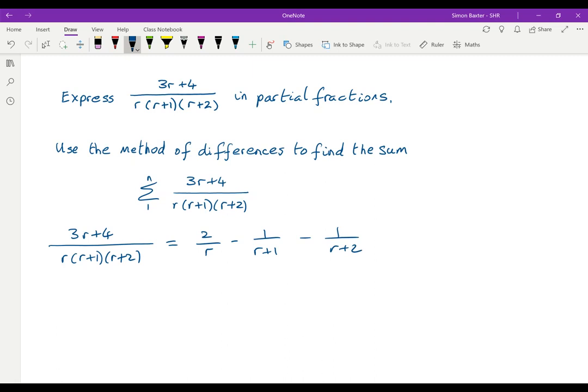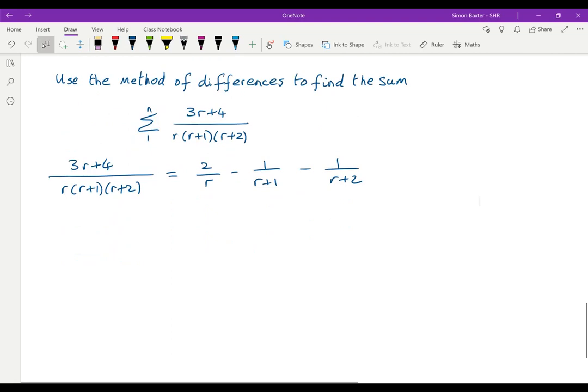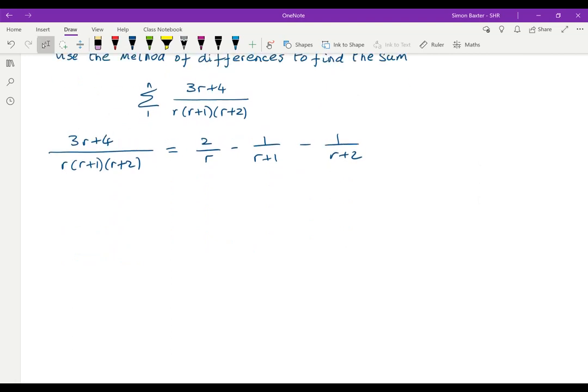We want to add up all these terms, putting r equal to 1, then r equal to 2, then r equal to 3. So don't be tempted to take shortcuts. R equals 1.